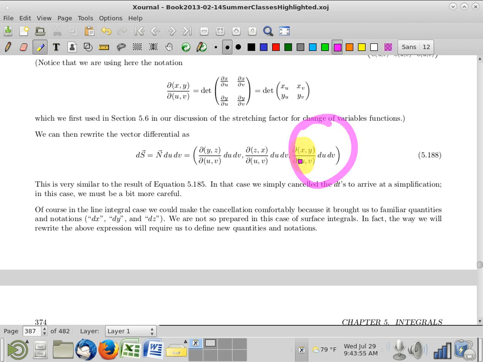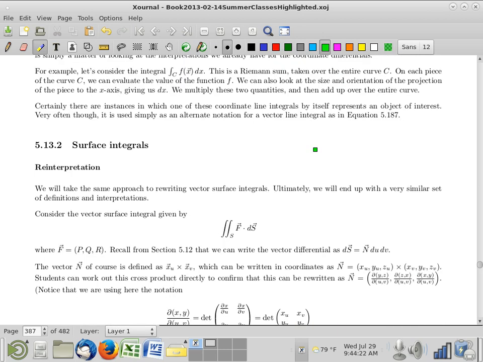We're going to make sense out of what this coordinate looks like geometrically by interpreting this yellow highlighted factor as a change of variables stretching factor. Now, what's a little counterintuitive is if we were to interpret this as something involving a stretching factor, we would need to have x and y as functions of u and v. And we don't really.